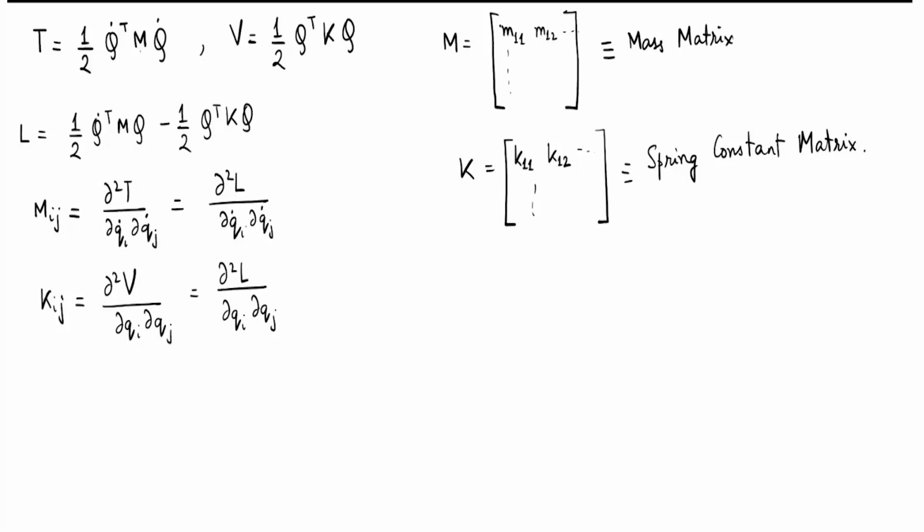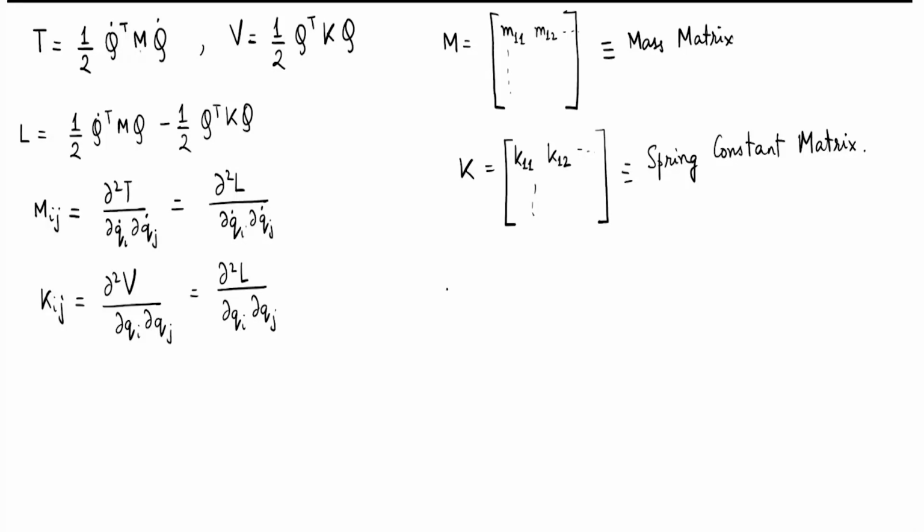So you got this matrix Mij and you got this matrix Kij. The problem now comes to an eigenvalue problem, which is done in mathematical physics.